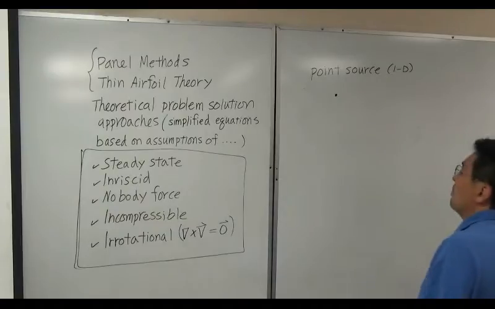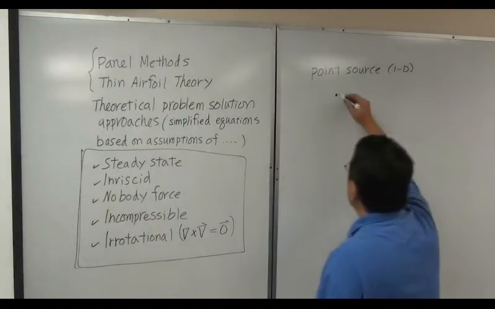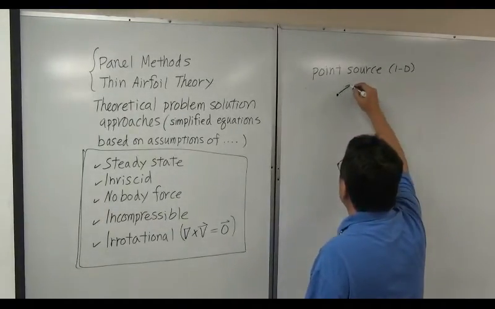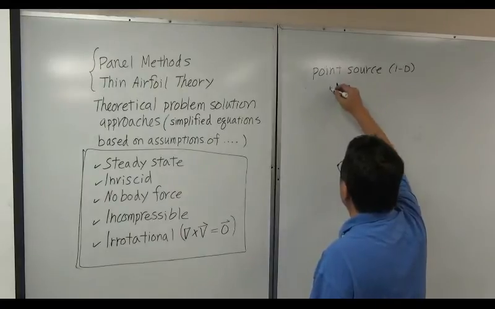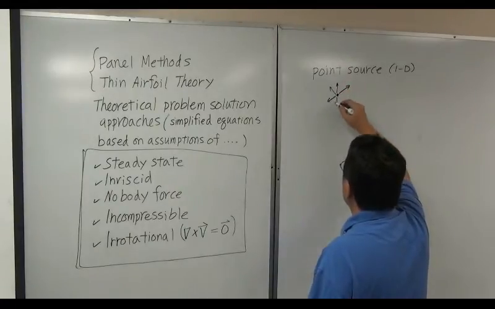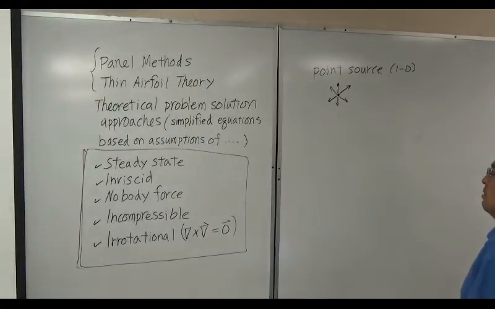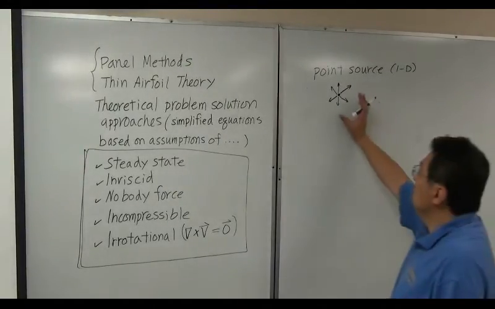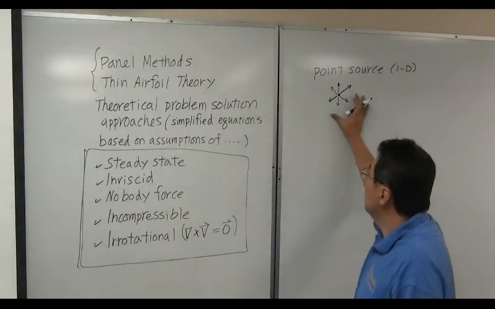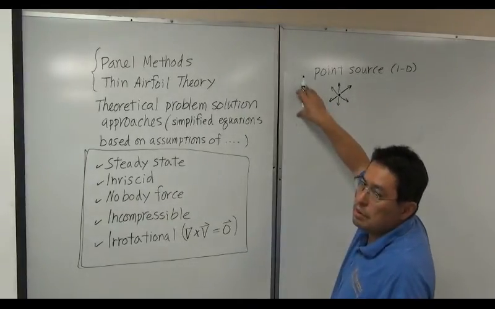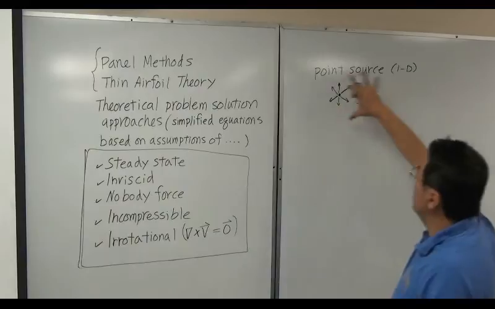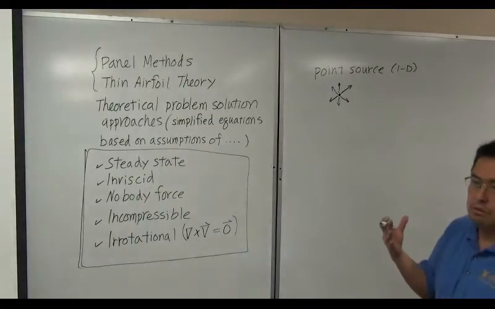Okay, a point source is at a location from which velocity comes out. This is called a point source. Of course, we looked at it. We even superimposed this point source against uniform flow, establishing the flow over some kind of two-dimensional shaped body.